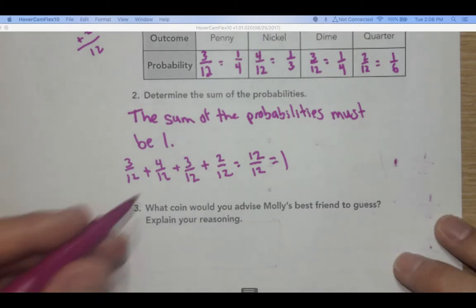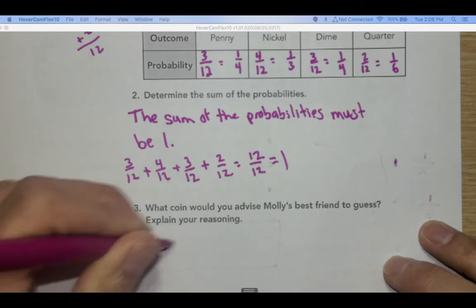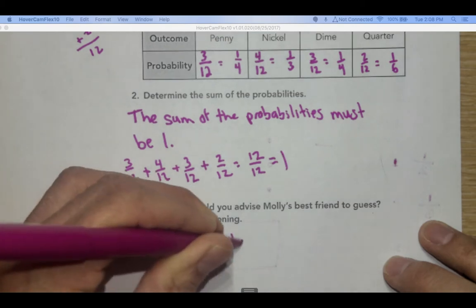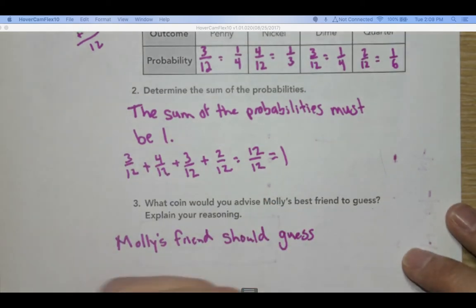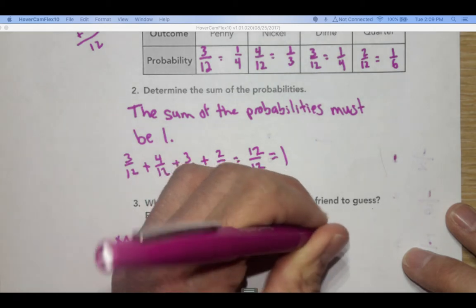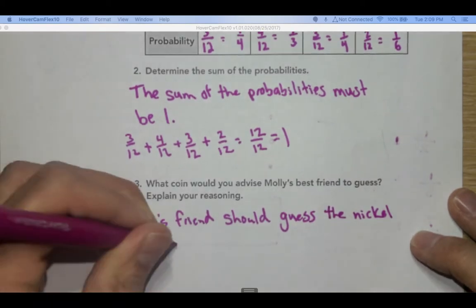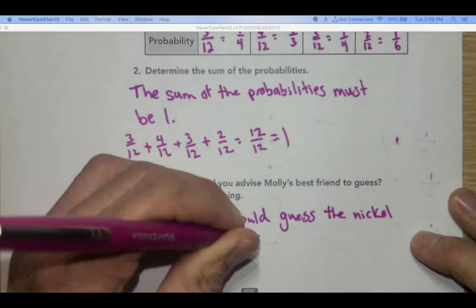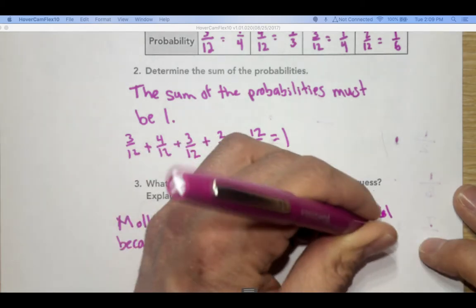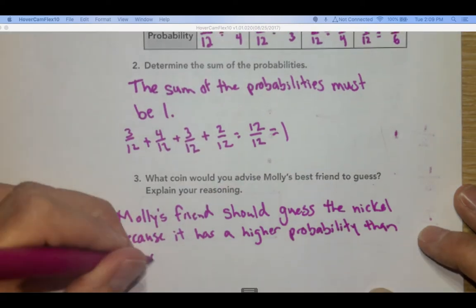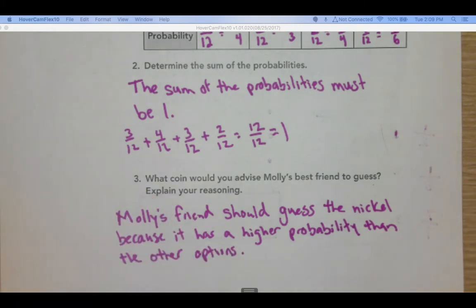Well, golly, if she wants to be right, I think Molly's friend should guess a nickel, the nickel, because it has a higher probability than the other options. Okay, and so that is the getting started.